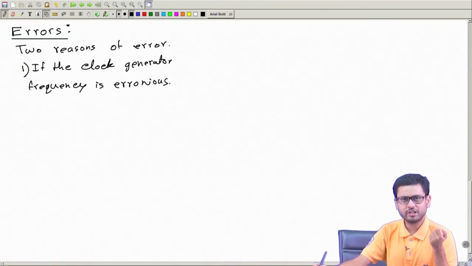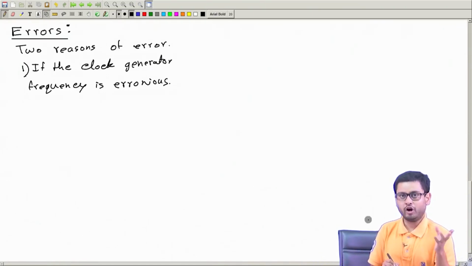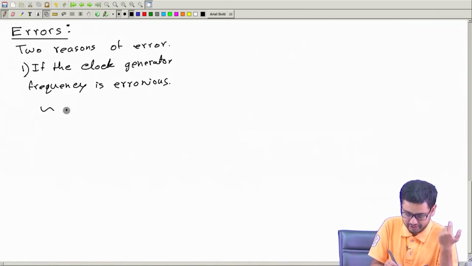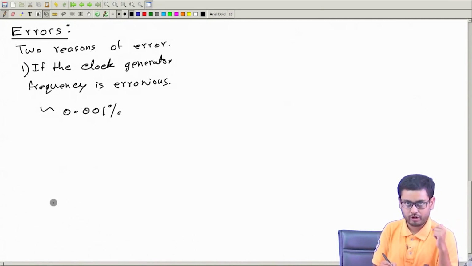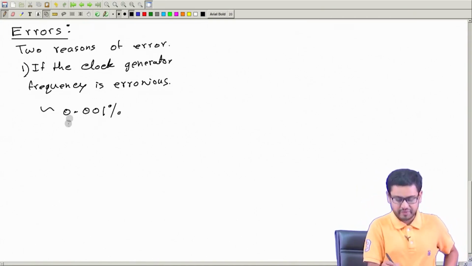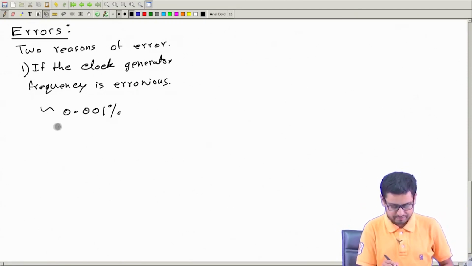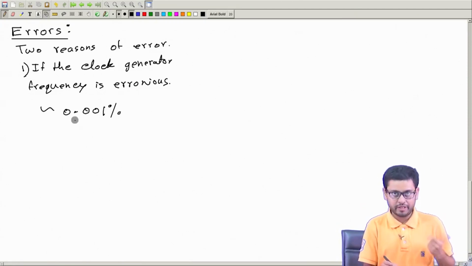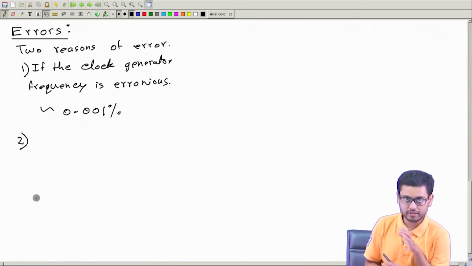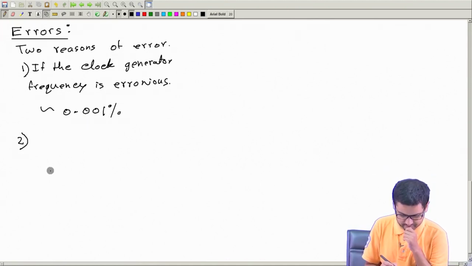But normally crystal oscillators are quite precise. The errors may be of the order of 0.001%, too small. Okay. But depending on the input frequency, this may affect or may not affect. The other reason, which we will talk about in more detail, is this.